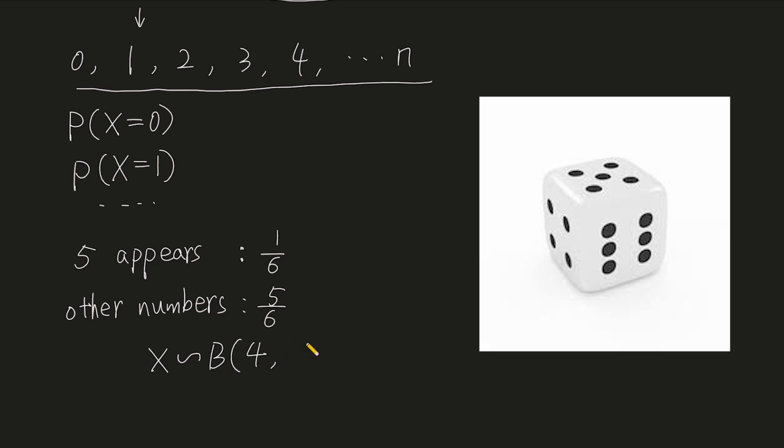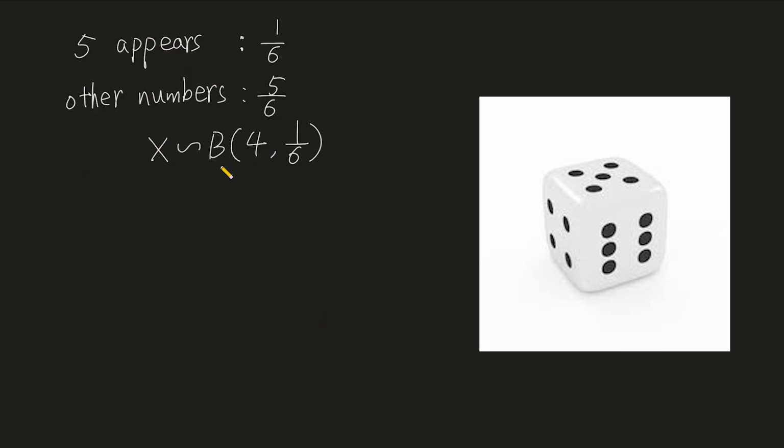And the probability that success occurs in one experiment is 1 over 6, like this. Now, for this binomial distribution, what is the probability that number 5 appears 2 times in the 4 experiments? That is, the random variable equals 2. What is the value of this probability?